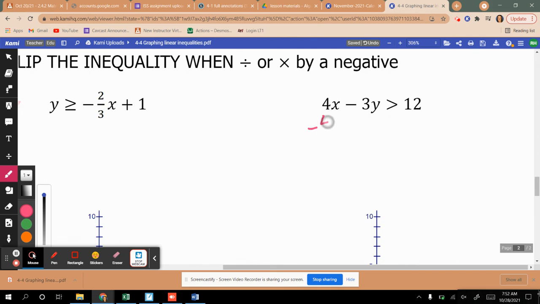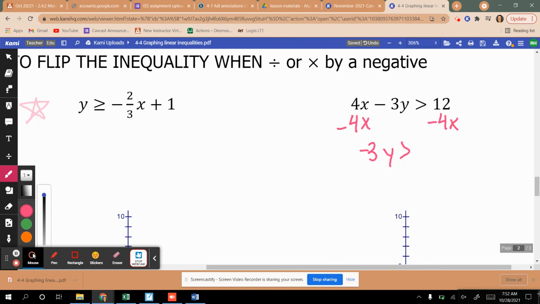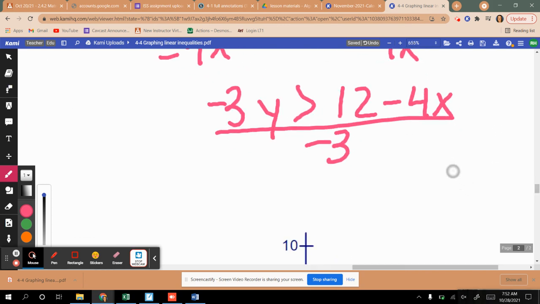First, we're going to subtract 4x from both sides. We end up with negative 3y is greater than 12 minus 4x. Now we need to solve for y still, so we're going to divide everything by negative 3. We divided by a negative, so we need to flip the sign.